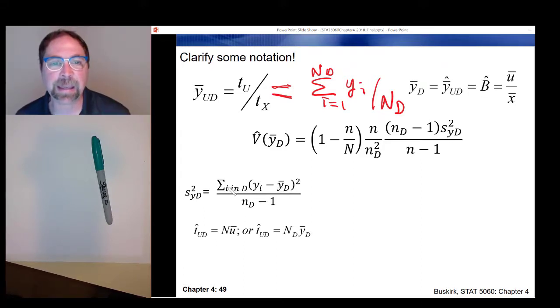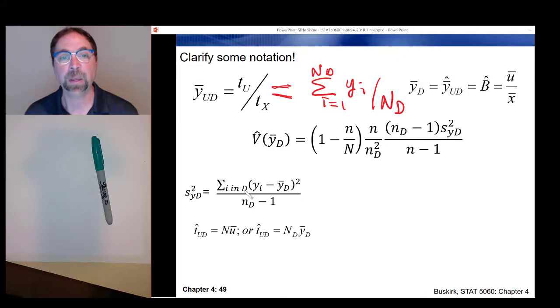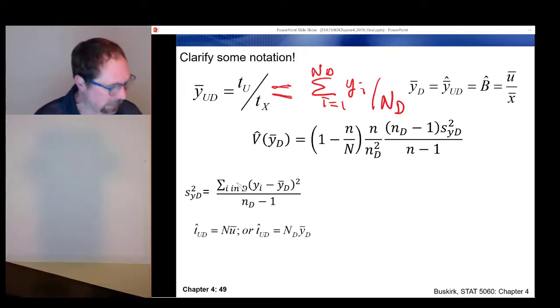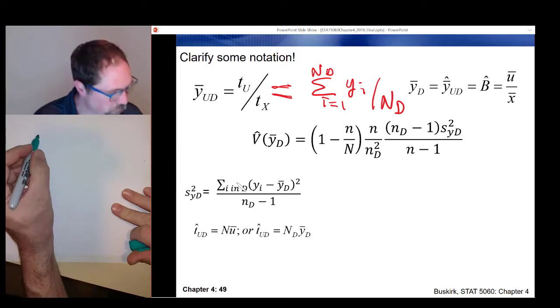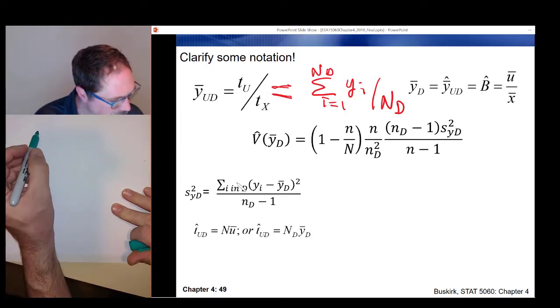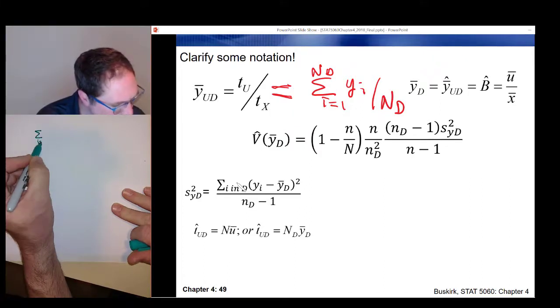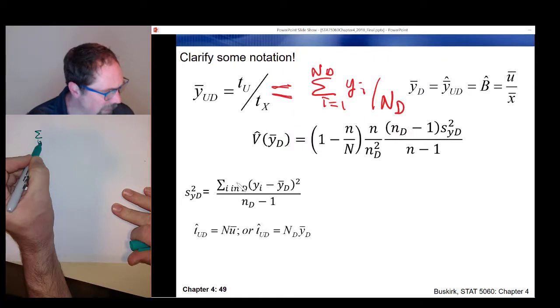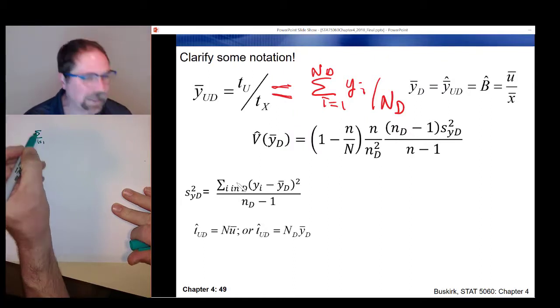Now this is i in d. So this is the elements in your sample that fall inside the domain. So I'm summing up. You could effectively write this, if you took a shortcut, as the sum from i equals 1 to n sub d of yi minus y bar d, quantity squared. But keep in mind that this really implies an order.